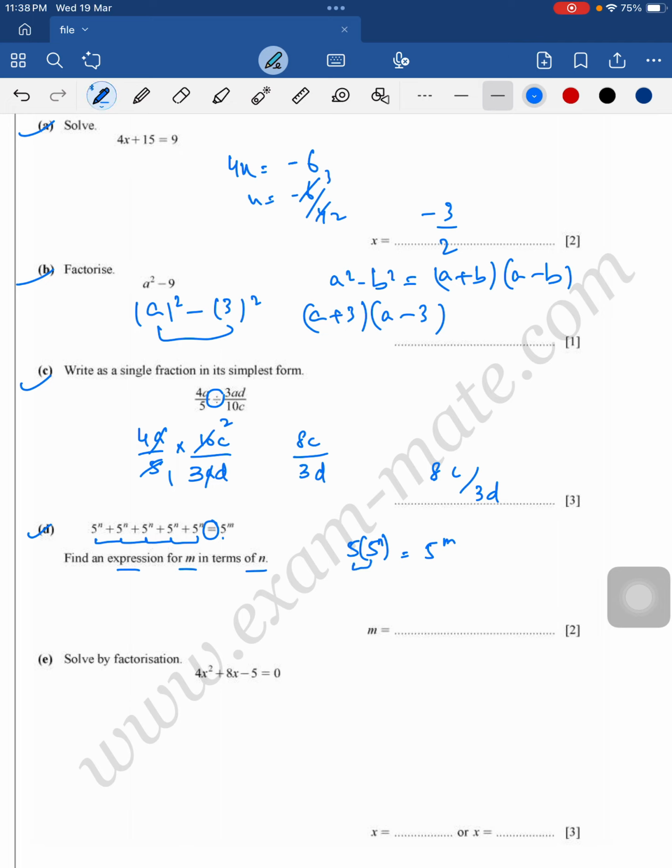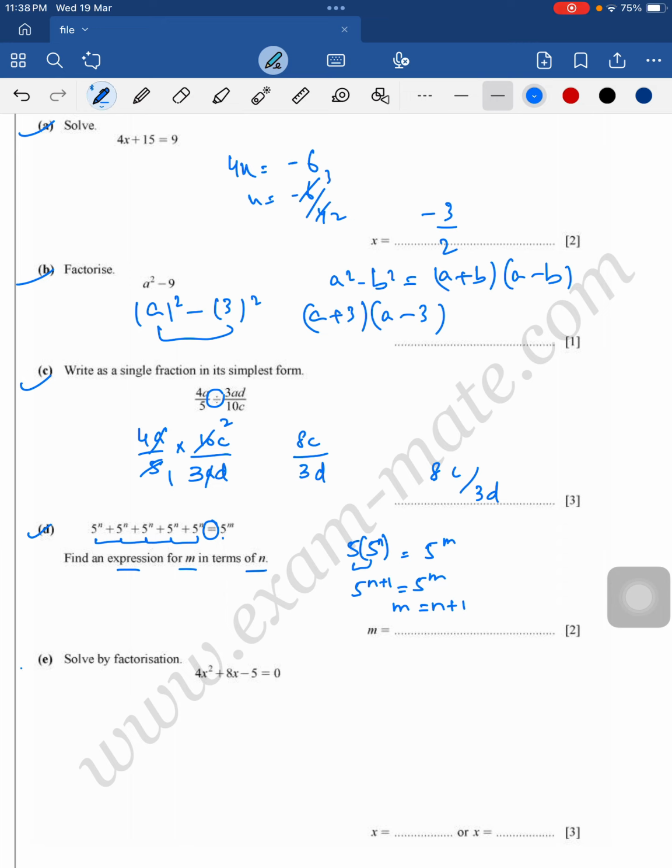Since these two are multiplying with the same base, according to the law of indices, with the same base multiplication, powers will be added. So 5 power n plus 1 is equal to 5 power m. Since both are equal, it means powers will be equal. m is equal to n plus 1.